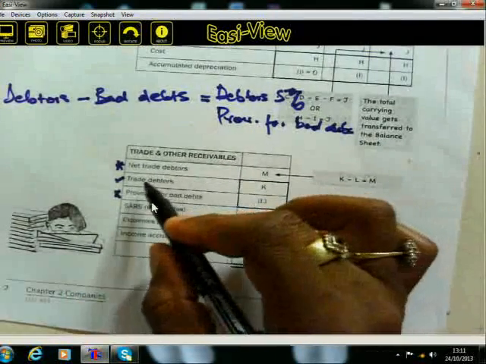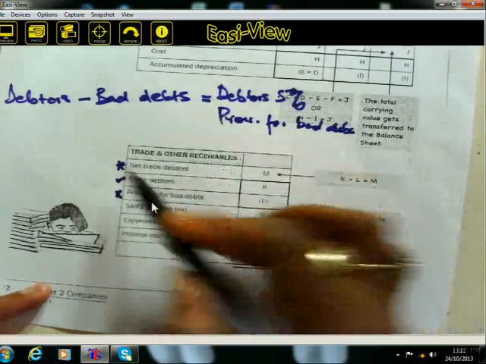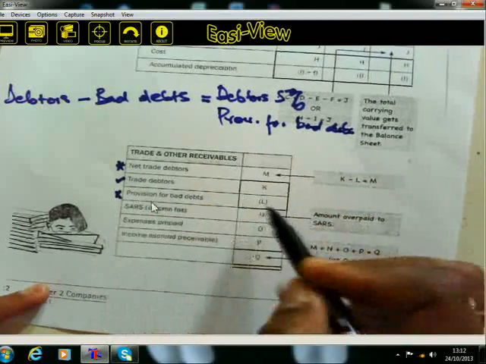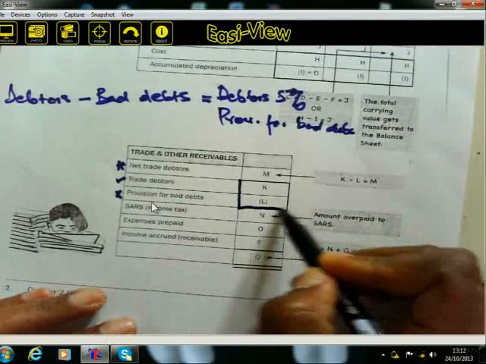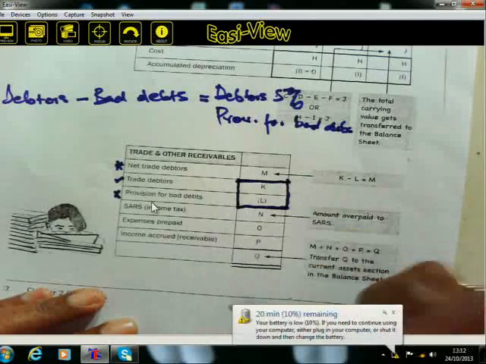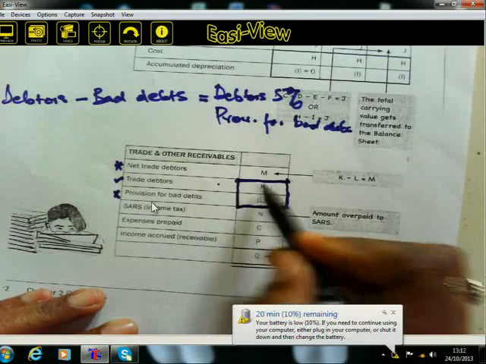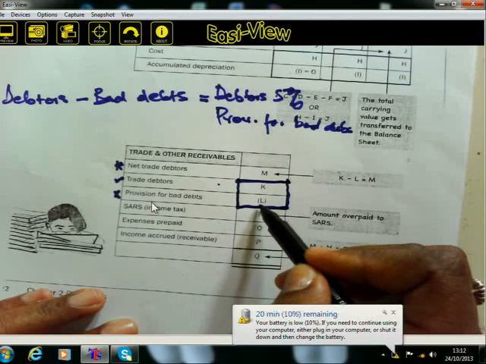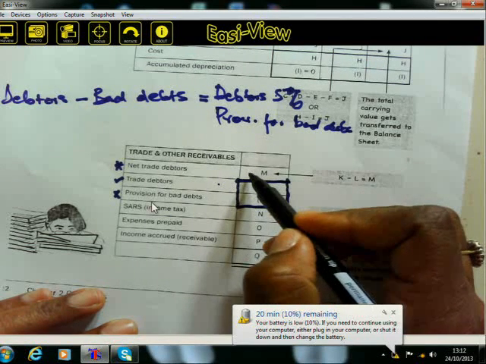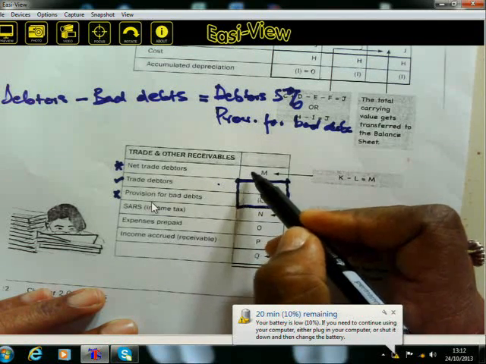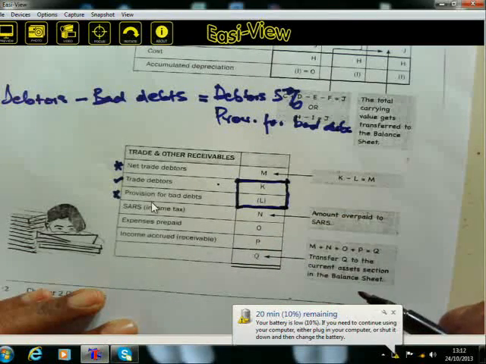We say now trade debtors, after subtracting the bad debts, subtract. As you can see, we put it in a block showing that we need to consider the debtors, subtract the provision for bad debts to get the net trade debtors in the business.